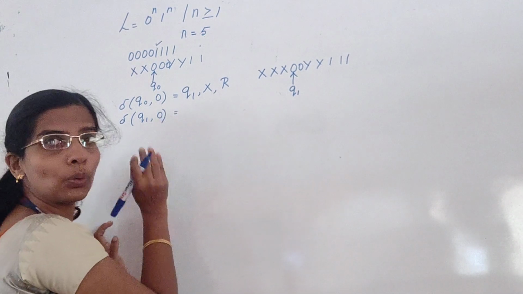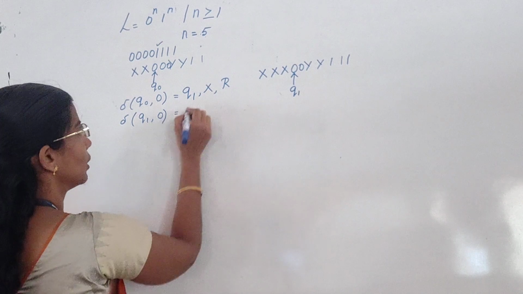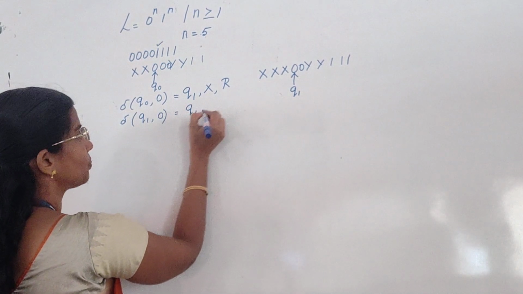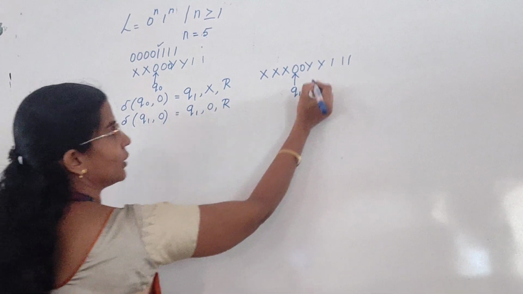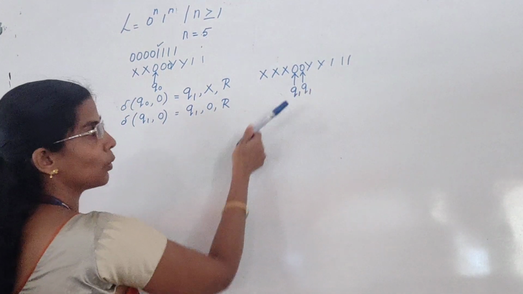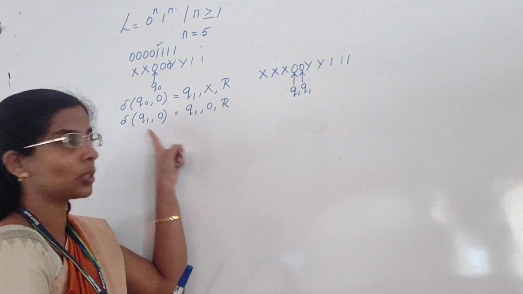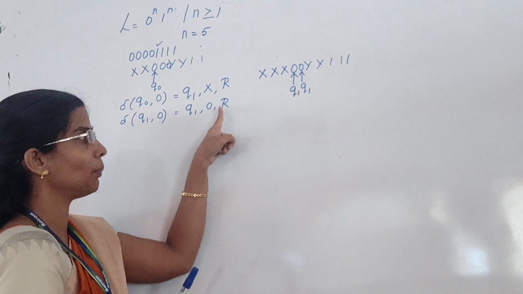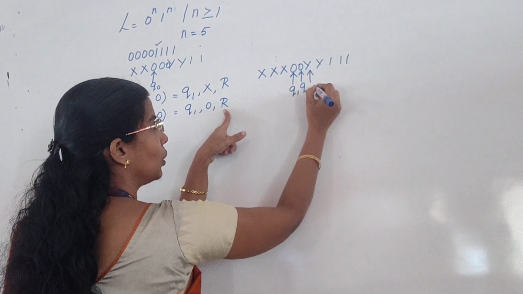As I told, don't make any changes to your Turing machine, just travel towards right. So Q1, 0 remains same and I am traveling towards right. Now my read-write head points to next 0. Q1 comma 0. I will be using the same transition. Q1 0 remains the same, but the direction of your read-write head is right.